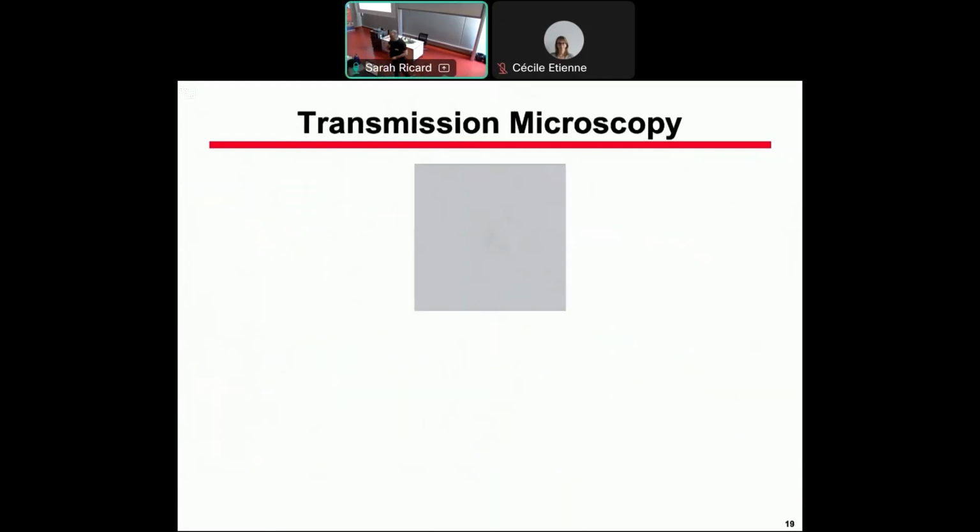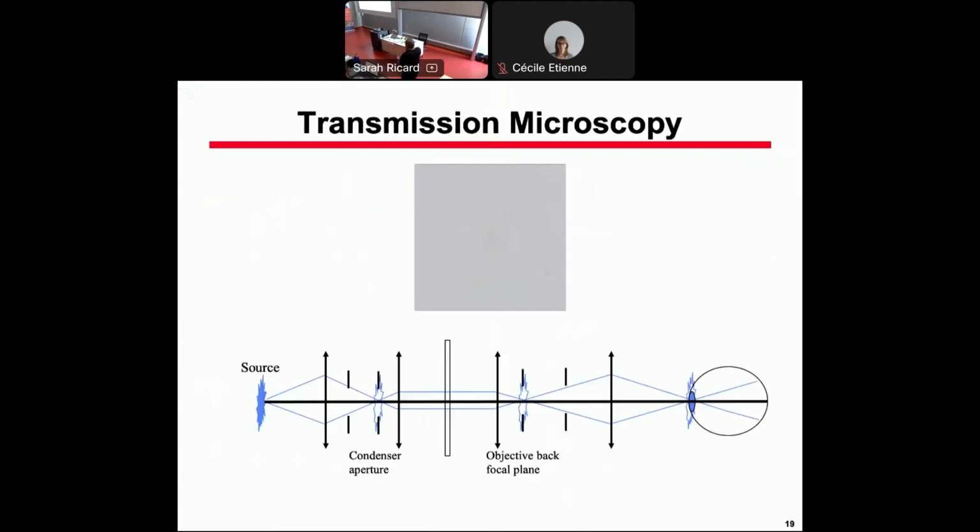This is the kind of image you get when you have single cells. In fact, there is an image there. It has a 1% contrast. So you don't see it, but it's there. Why is it like that? You have to imagine that here we put a sample which is microscopic.